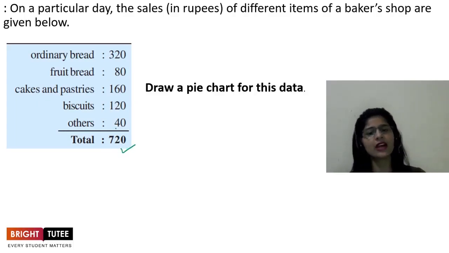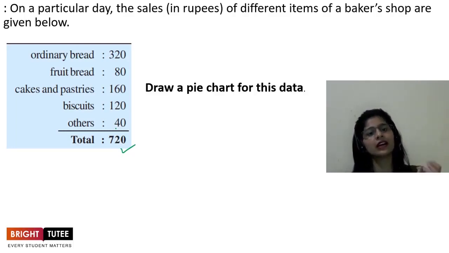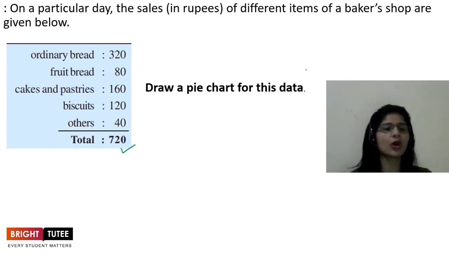So for drawing the pie chart, first we will find out the fraction, and the second thing that we have learned is we are going to find out the angle for it, right? That what part of angle that particular item will contain out of 360. Clear? So let us find out first the fractions.